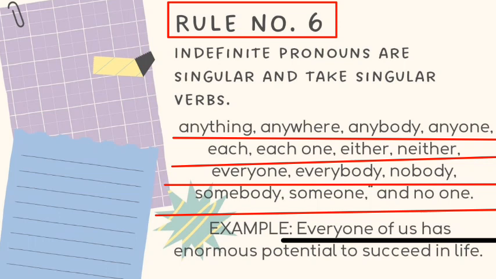But in the sentence, it's very particular that every one of us has enormous potential to succeed in life. So both are correct. We can use everyone has an enormous potential to succeed in life, and every one of us. Yeah, you're correct. Thank you for your question.